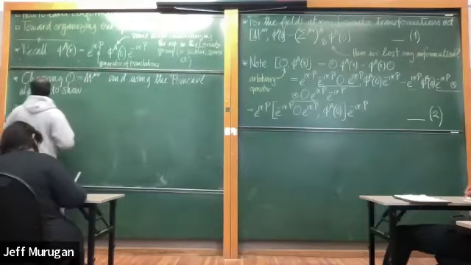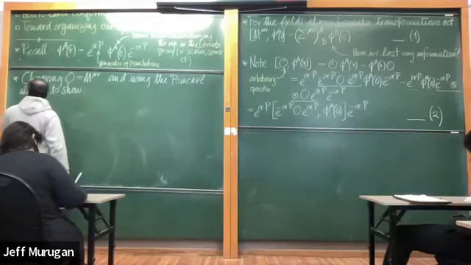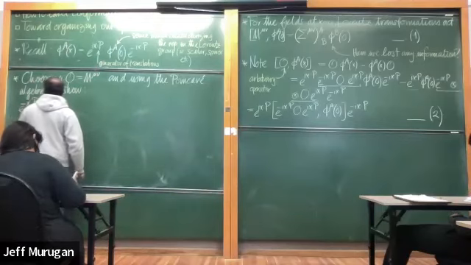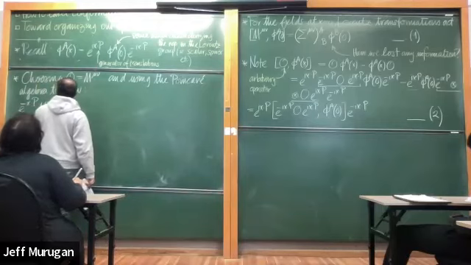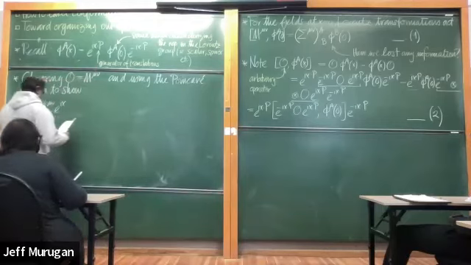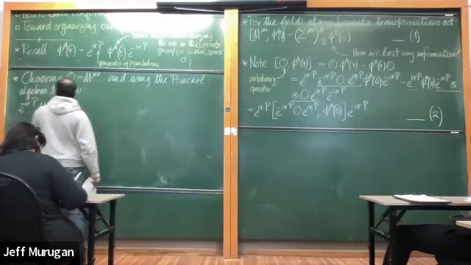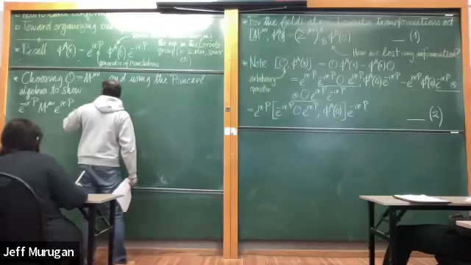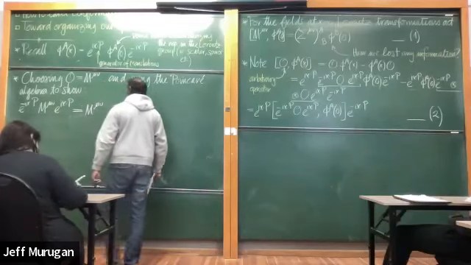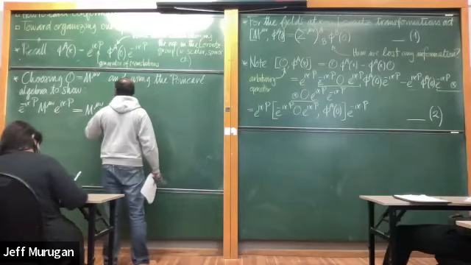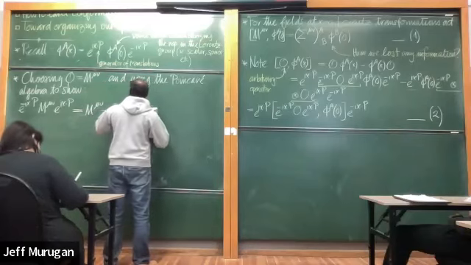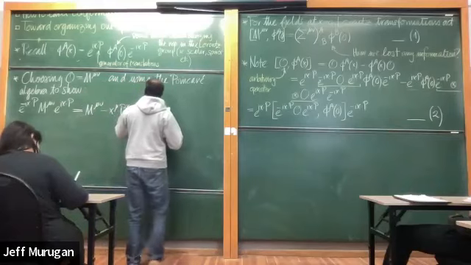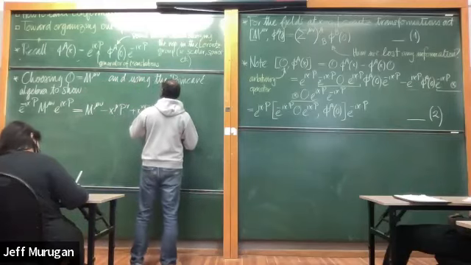Verify that e to the minus x·p of M_mu nu e to the i x·p we can show is just M_mu nu minus x_nu p_mu plus x_mu p_nu.